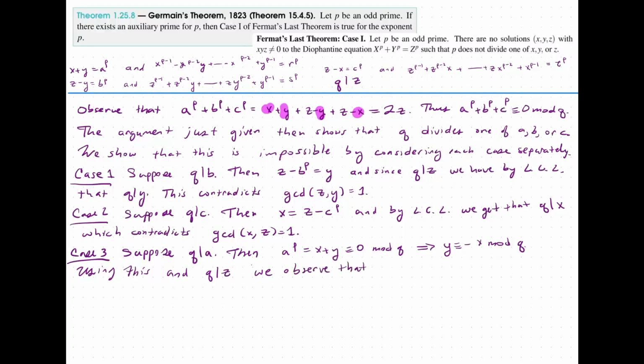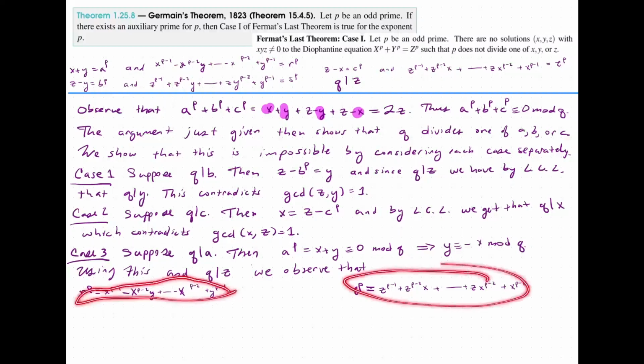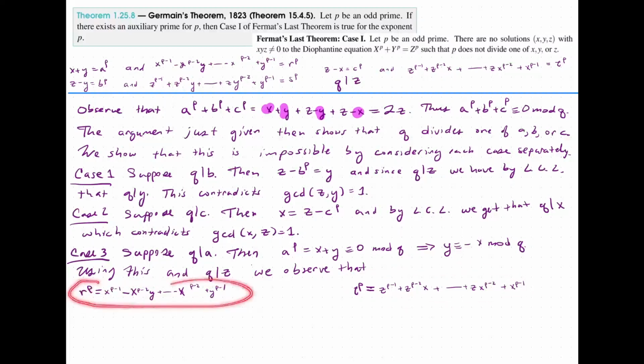we observe that we get the following. We're going to look at r to the p, and we're going to be looking at t to the p. And so we have those expressions up here. r to the p is equal to this, and then t to the p is equal to this. So here are the expressions. Now just copy it over. Now let's focus on the left-hand side. We have r to the p is equal to this.